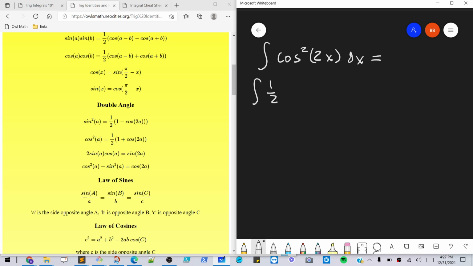This can be rewritten as, if the angle is 2x, this angle just doubles, so it becomes 4x. So we just doubled this angle. And then now we can do our quick u-substitution, although you can do this in your head, but I don't mind writing it out really quick.